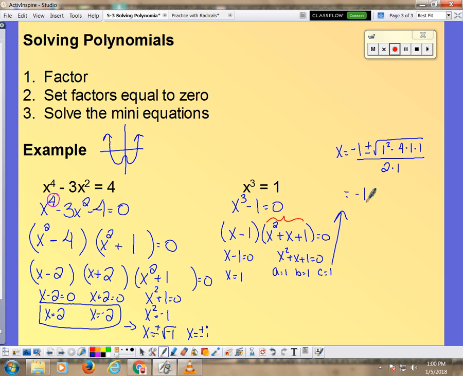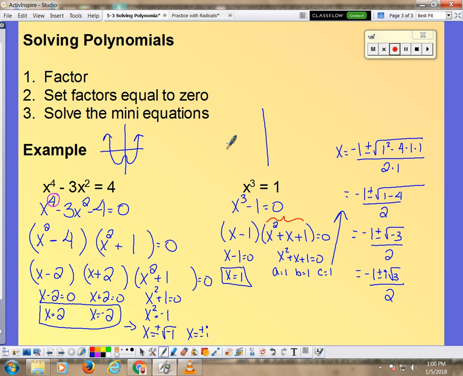So this is negative 1 plus or minus the square root of 1 minus 4 over 2, which equals negative 1 plus or minus the square root of negative 3 over 2. Can't have a negative under the radical, so this is negative 1 plus or minus i square root of 3 over 2. So this guy over here is my only zero of the function. Those are my imaginary answers.